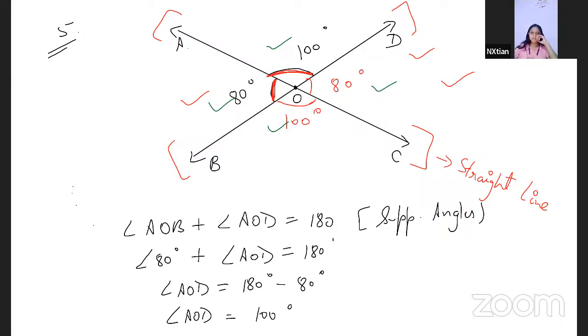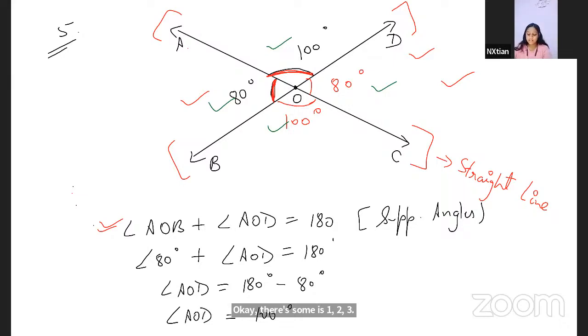Ma'am, I didn't understand how you added both AOB and AOD and then you got 100. How I added AOB and AOD, I will get 180. Like I explained, when two angles are on a straight line, that is a supplementary angle, their sum is always 180 degrees.